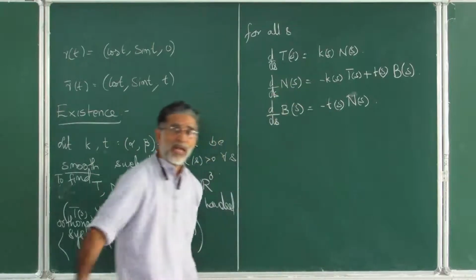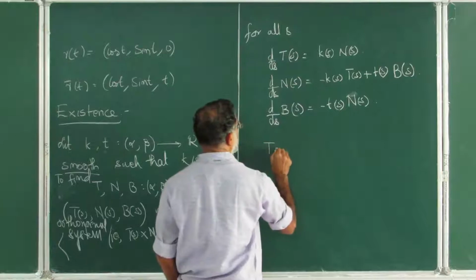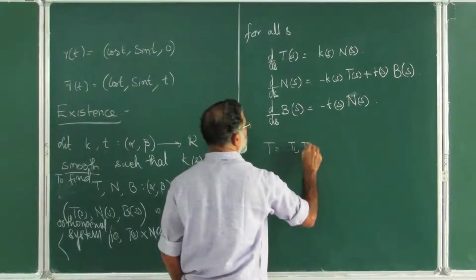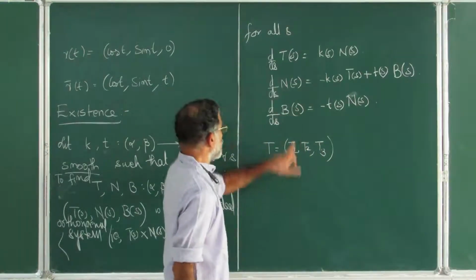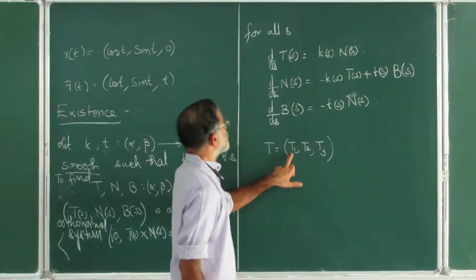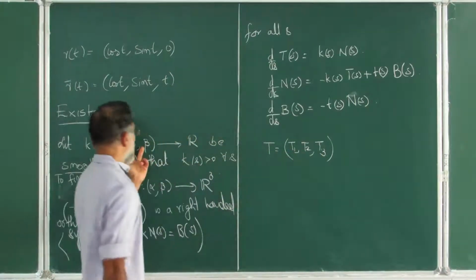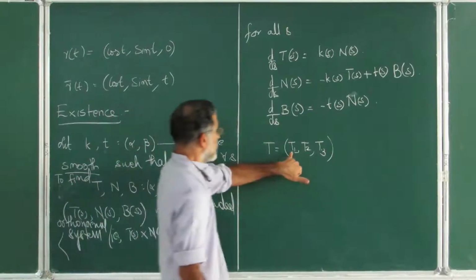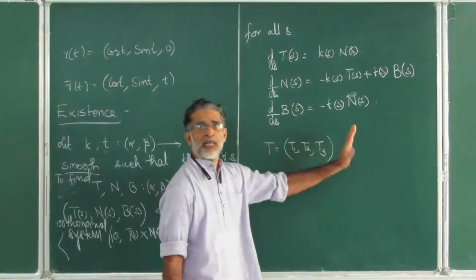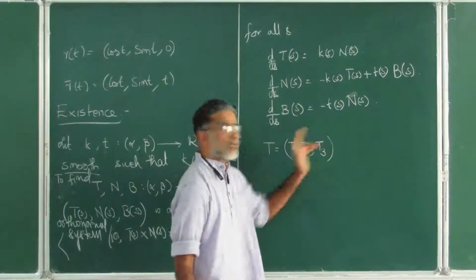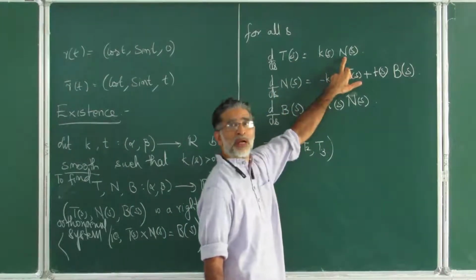If you look at the coordinates and write T equal to T1, T2, T3, the coordinate functions, these are real valued functions defined again on alpha, beta, as in one variable calculus, from (alpha, beta) to R. Similarly N will be N1, N2, N3.